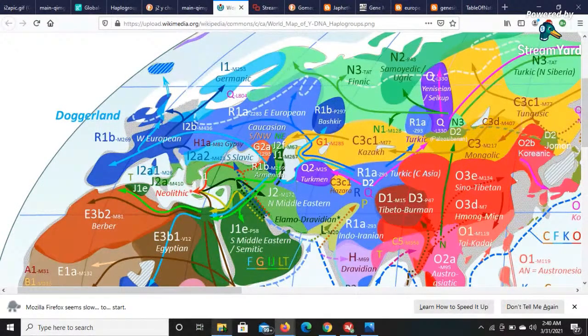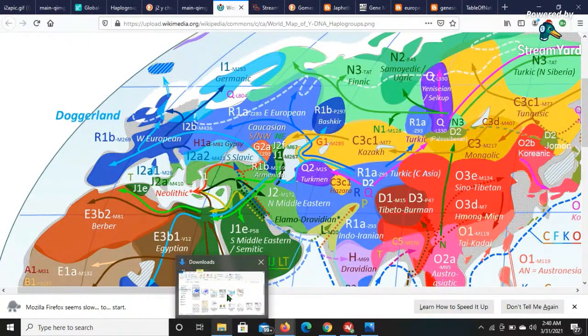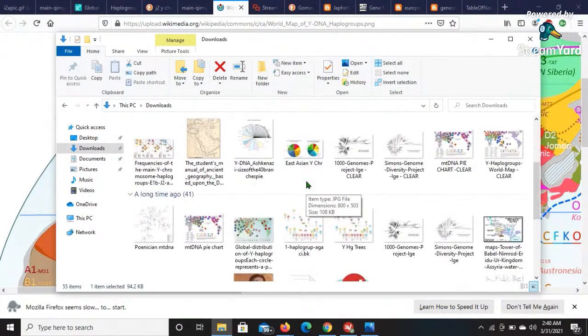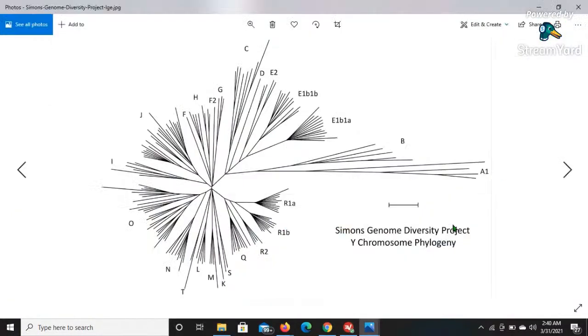Let's go to the charts. See which is which here with the charts. So we have Q and R is one branch. O is another branch, maybe N.